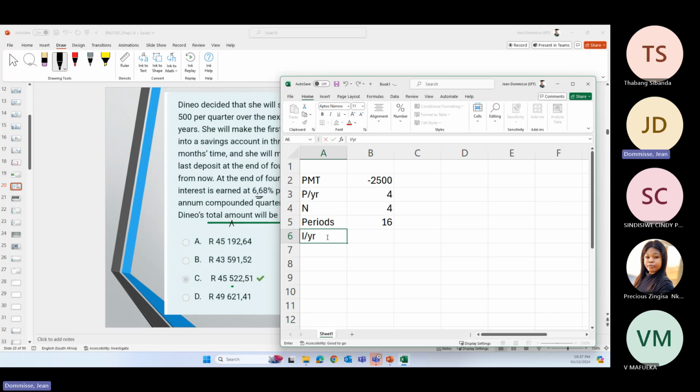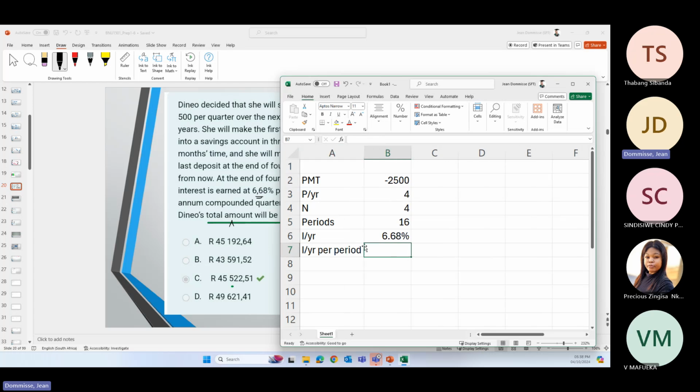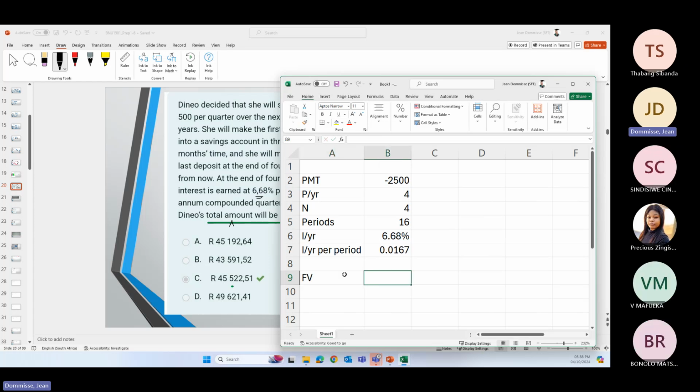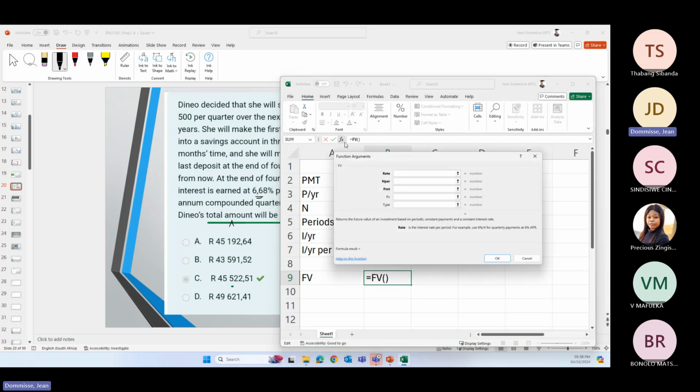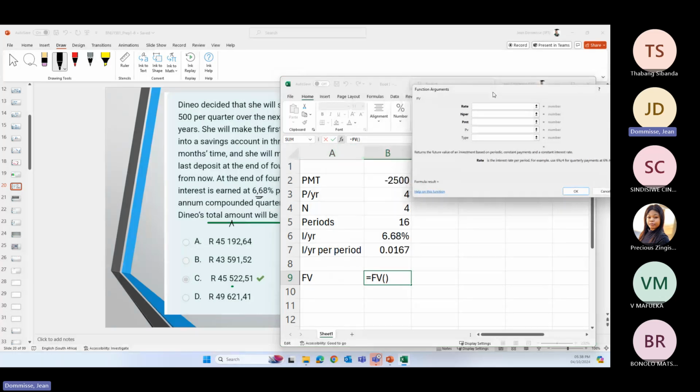Then our interest rate was 6.68%. And then I just want to say interest rate per period so that we get that as well. So that is that divided by how many times per year. So then if we need to work out the future value, there is again a nice function in Excel that can work it out.